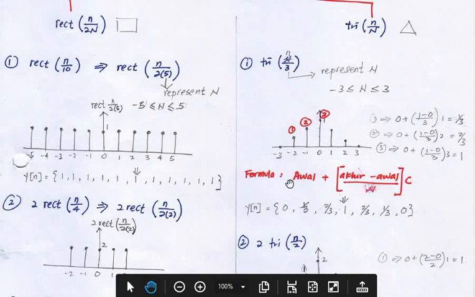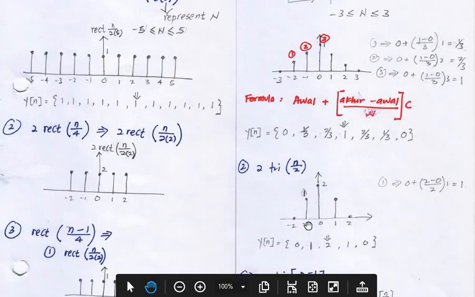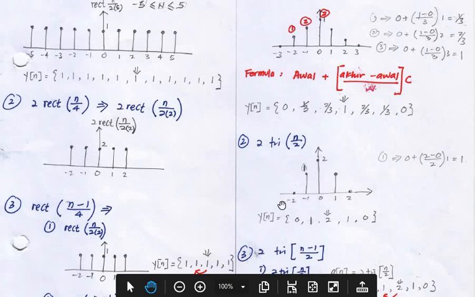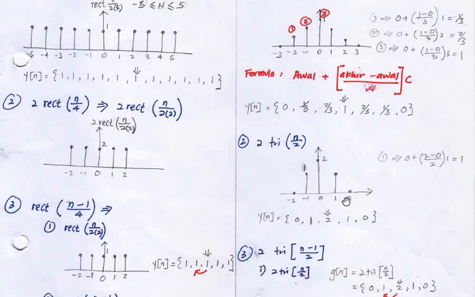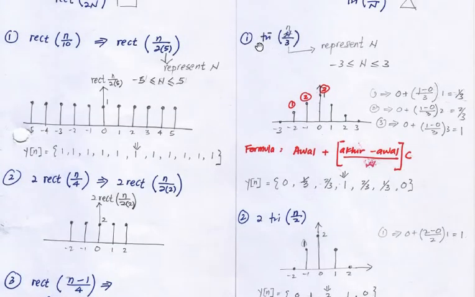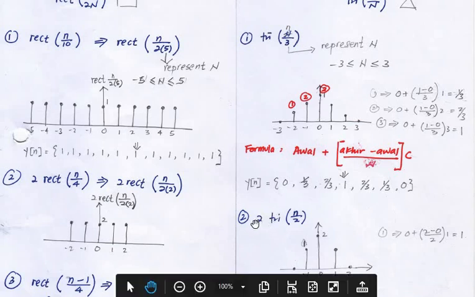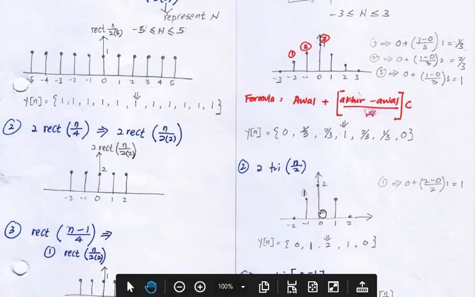Then what will the signal look like if you have 2 triangular n over 2? Okay, from negative 2 to 2. If you have 2, so negative 2 to 2. Okay, the amplitude is 2. Just now the amplitude was 1, right? 1 triangular, so the amplitude is 1. Now the amplitude is 2 because of the 2 triangular here.